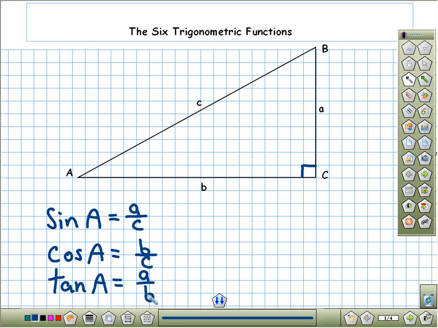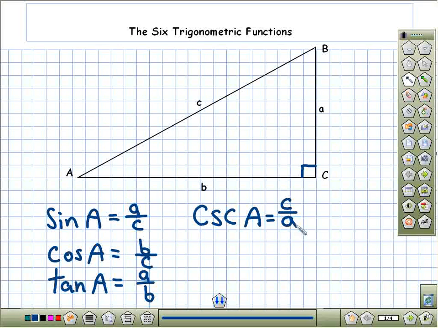Okay. Now let's look at these other functions. I'm going to go over here and put the cosecant. I'll write these in just a minute. But this is the abbreviation. I didn't leave myself room to write it here, but I'll list these for you in just a second. So we have the cosecant of A. Now the cosecant of A is going to be the hypotenuse over the opposite.